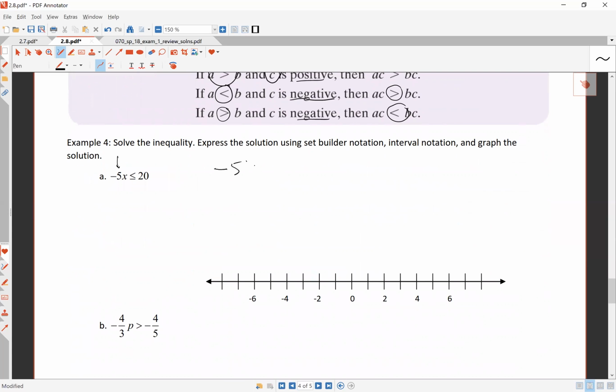To solve negative 5x is less than or equal to 20, you have to divide by negative 5. When you multiply or divide by a negative number, you have to flip the symbol. Greater than or equal to. Now you have x is greater than or equal to negative 4.